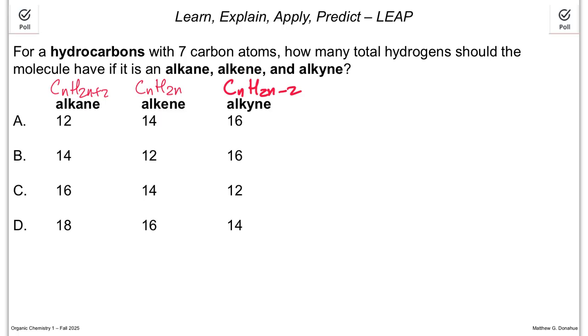So 2 times 7 is 14 plus 2, that's 16. So that column kind of eliminates and gets you to the right answer. So 14, then you remove, or 16, you remove 2, that gets you to 14. You remove 2 more, that gets you to 12.